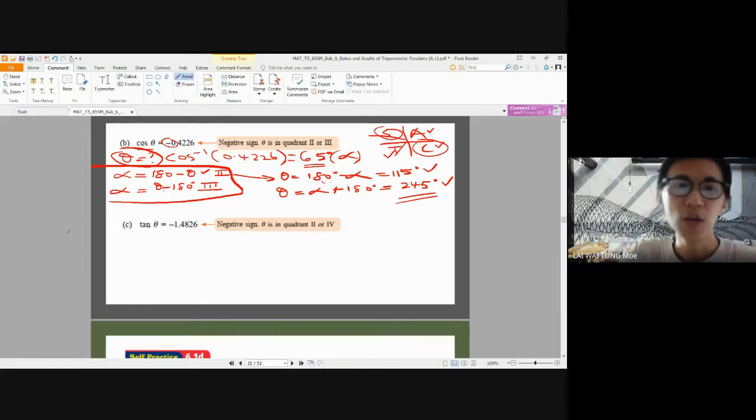So now find the alpha. How to find the alpha? Press the calculator. So inverse tangent, tekan dari calculator, inverse tangent of 1.4826. Actually, you can ignore the negative sign because we just want to know the alpha, the value of the angle.